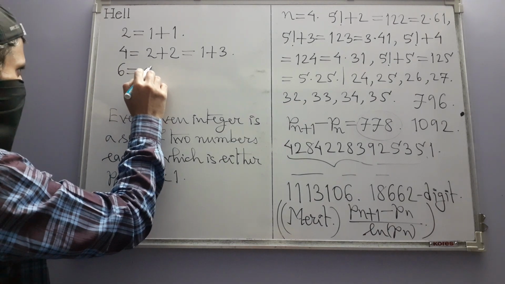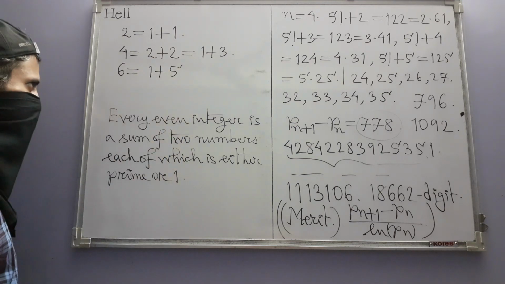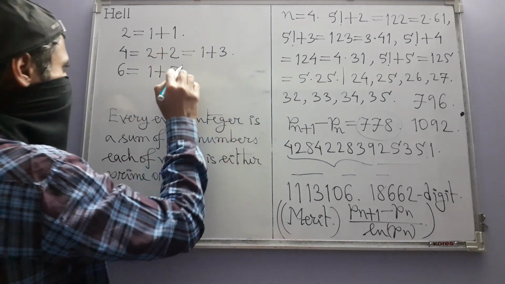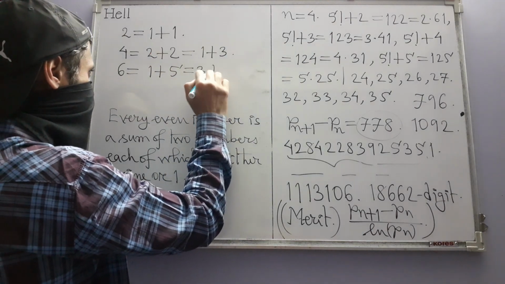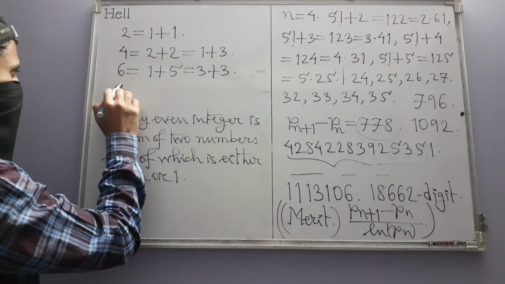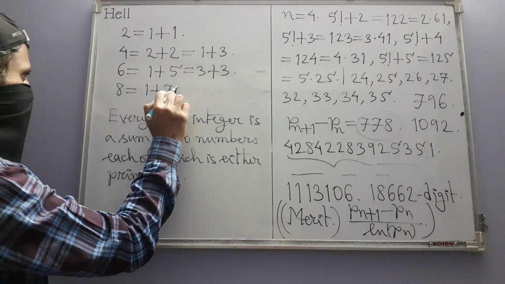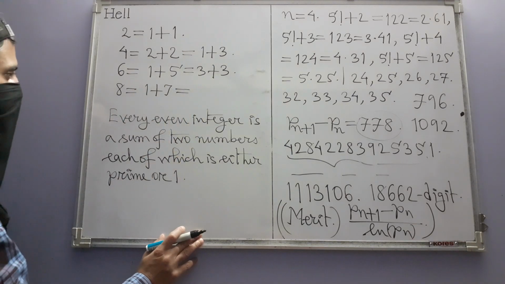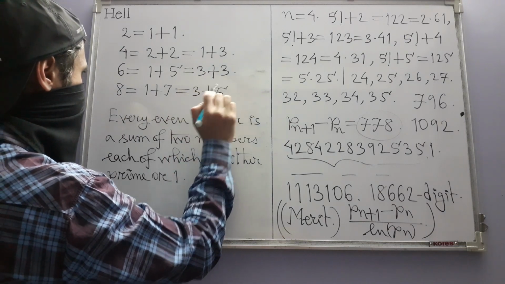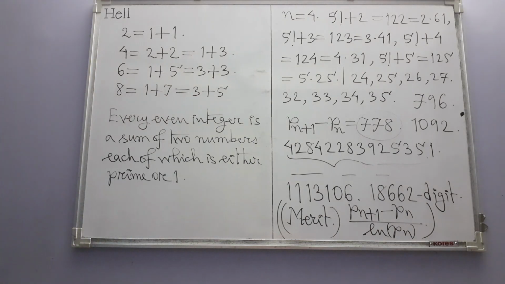You can write 6 as 1 plus 5. Is it possible? Yeah, of course. Yeah, 3 plus 3. Then 8. 8 of course can be written as 1 plus 7. Then 3 plus 5. Anything else? 4 is not a prime.